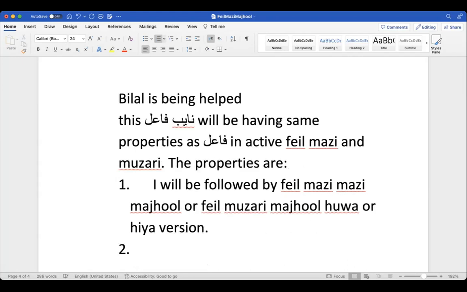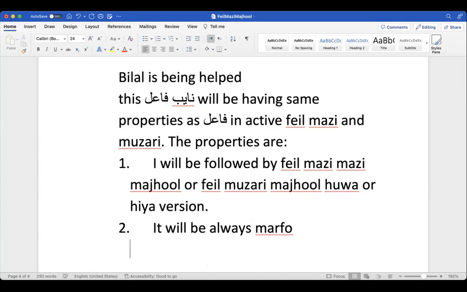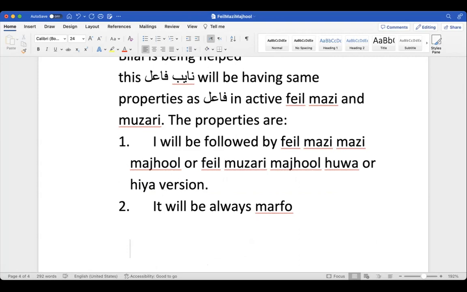Second property is it will always be what? Marfu. Correct? So now in this case, Bilal is being helped. How will you say then?